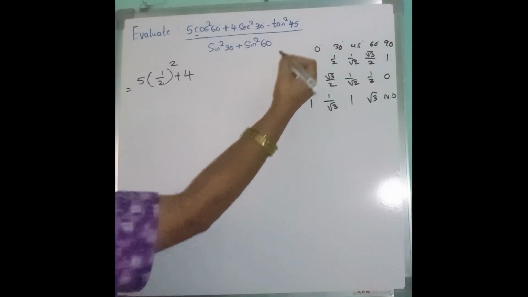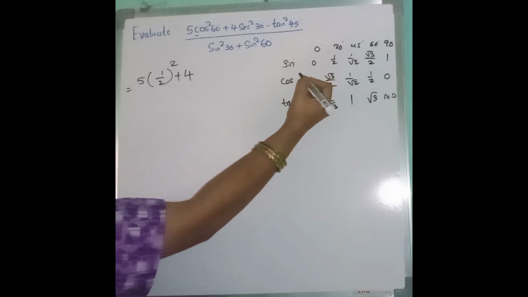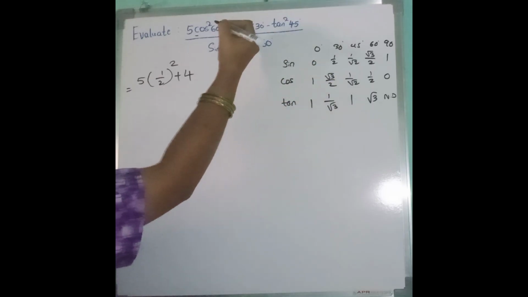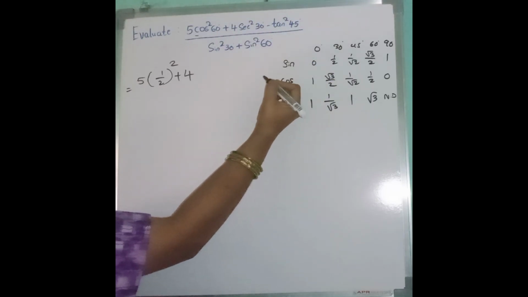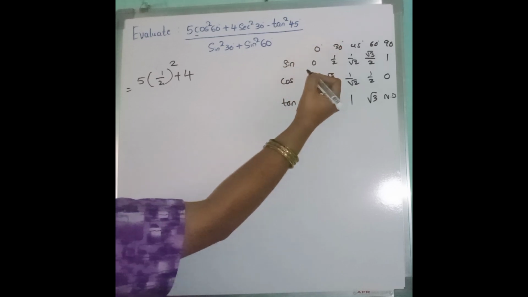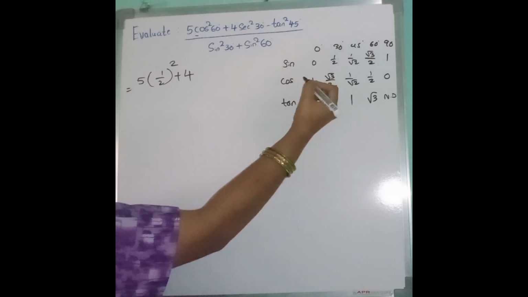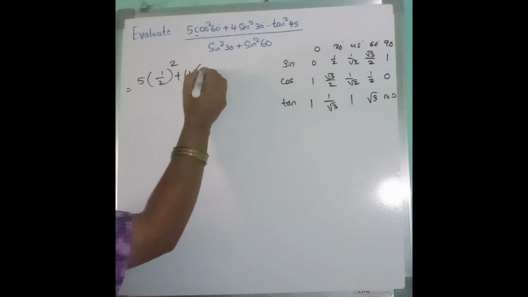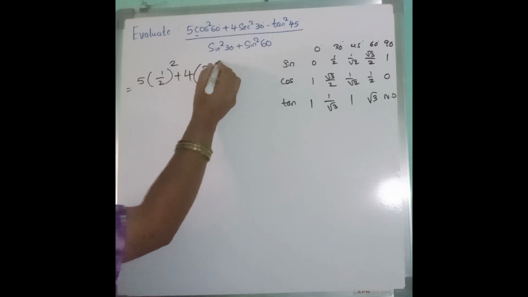Secant is the reciprocal of cos. That means cos 30 degree is root 3 by 2, so secant 30 degree is 2 by root 3, 2 by root 3 whole square.